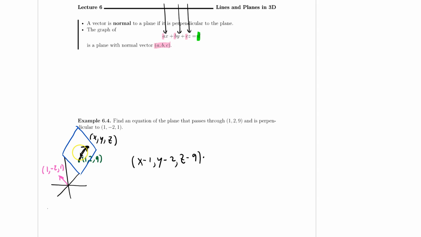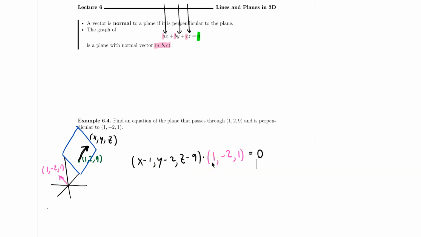And when two vectors are perpendicular, that means their dot product has to be 0. So if I compute the dot product of this black vector here with (1, negative 2, 1), this product has to equal 0. Okay, so let's try to do this. If I compute the dot product, I'm going to multiply x minus 1 by 1.